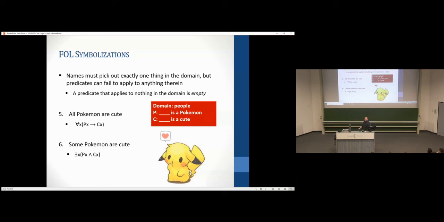Here's the funny thing. People ain't Pokemon, right? No persons are a Pokemon. At least plausibly so. What that means is that the antecedent for this conditional is always false. No matter who we pick and plug in, it makes the antecedent there false.